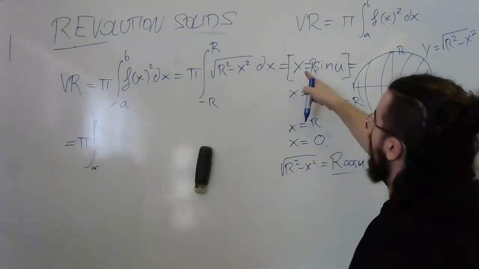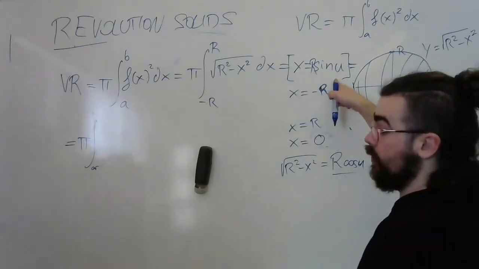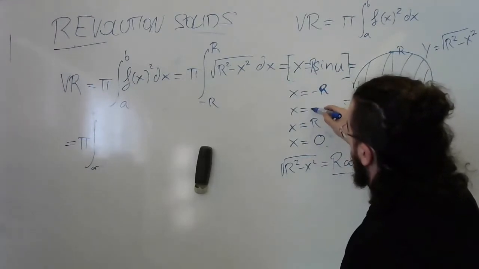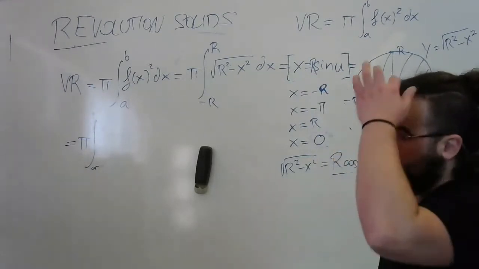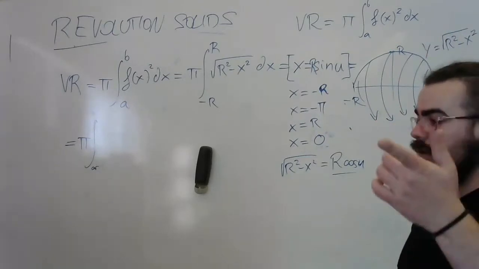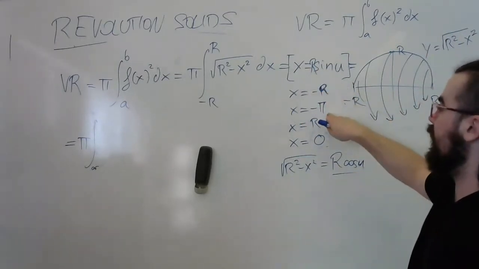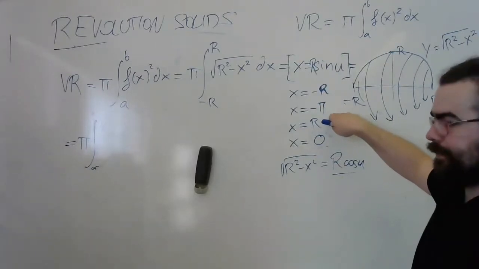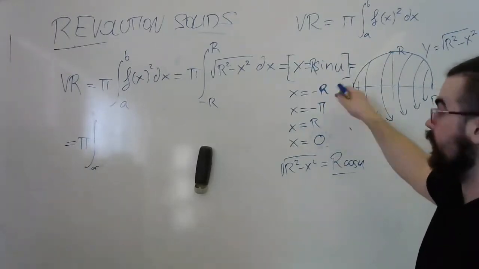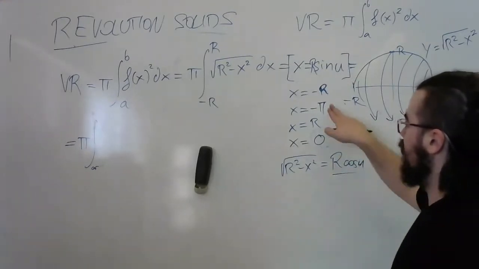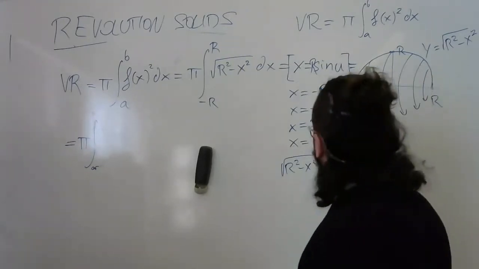And if x is minus r, it means the sine of u is minus 1, which means u equals minus pi over 2. Okay? Now it makes sense. So x equals minus r means the sine is minus 1. So the angle is minus pi over 2. We can see it the way we want. We will use this and see what happens.